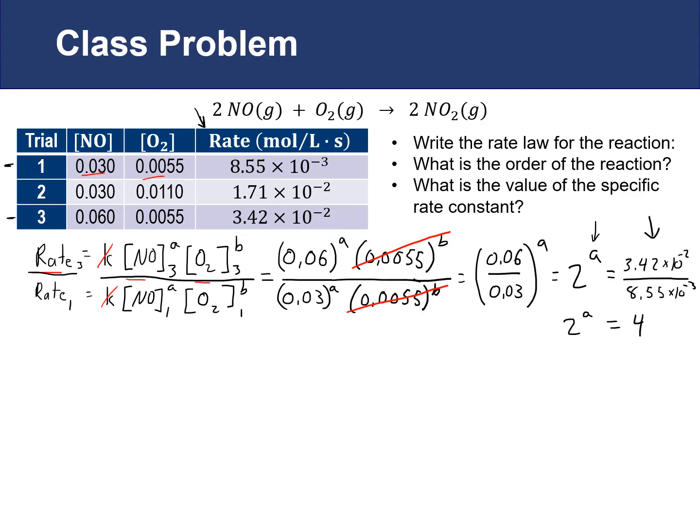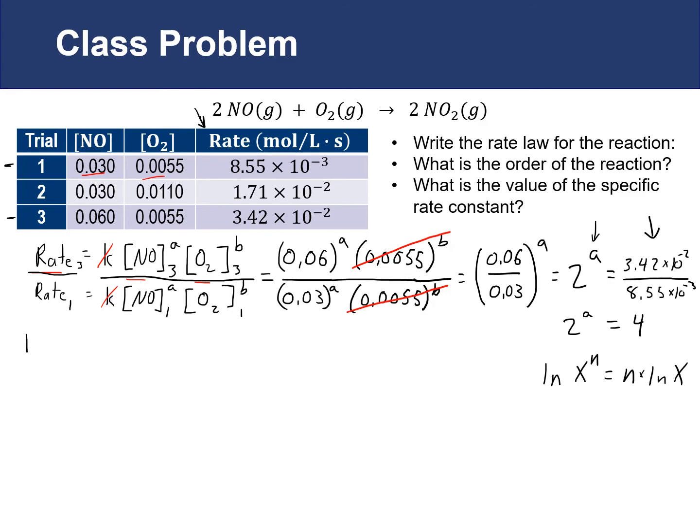So one of our helpful log rules is that the log, or the natural log, of x raised to the n power is equal to n times the natural log of x, right? So we can get access to the power by taking the natural log of both sides.